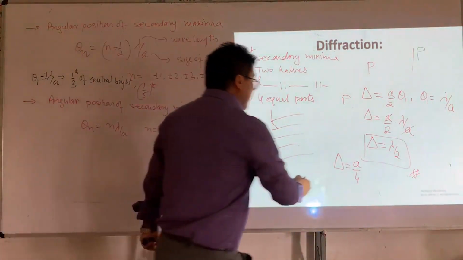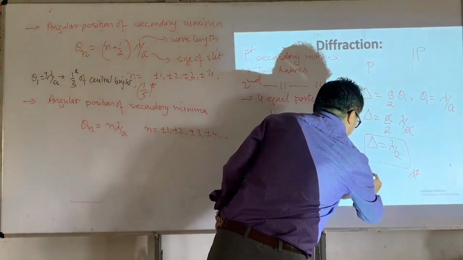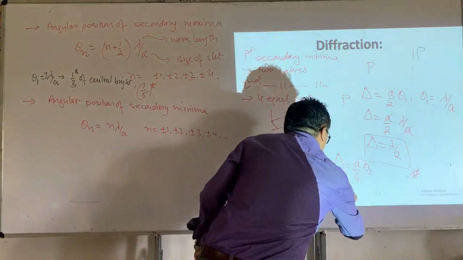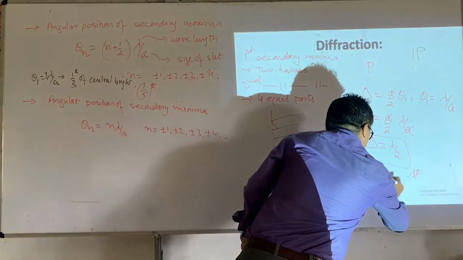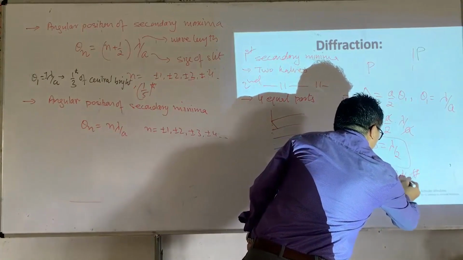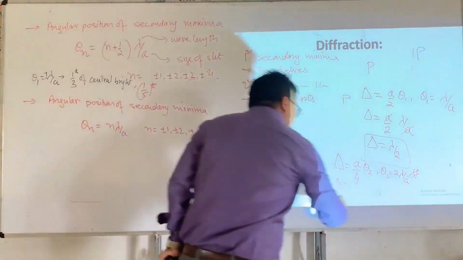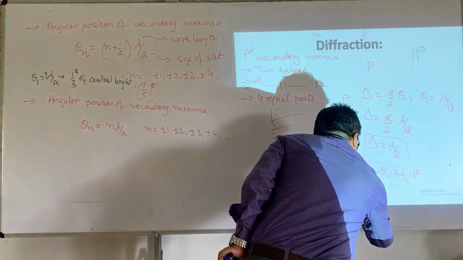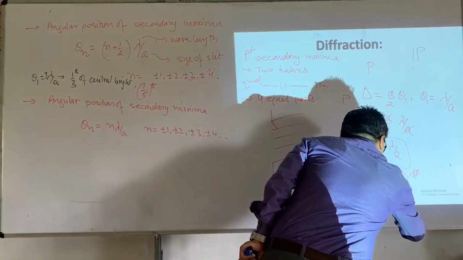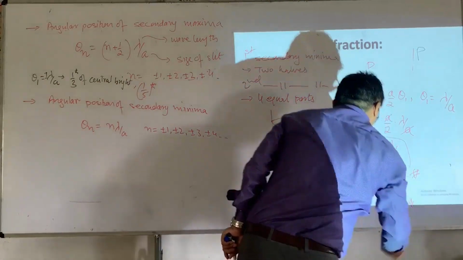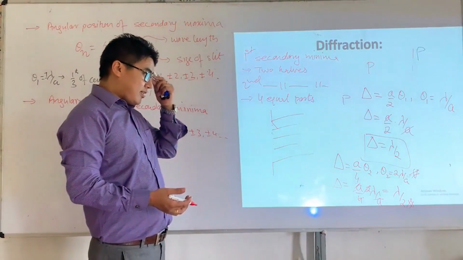Alright. And then this is theta 1, theta 2, right? What is theta 2? Theta 2 is going to be 2 lambda by a. This is the condition, right? So therefore what I am going to do is a by 4 times 2 lambda by a, cancel out, and finally we get lambda by 2, which is destructive interference.